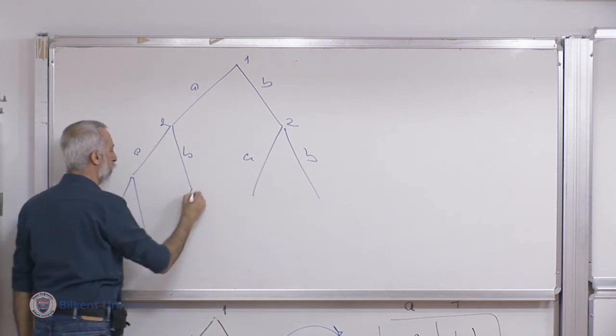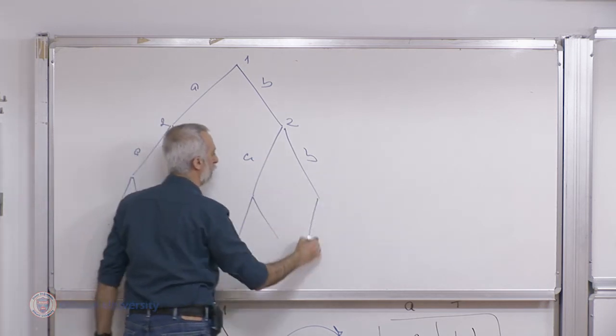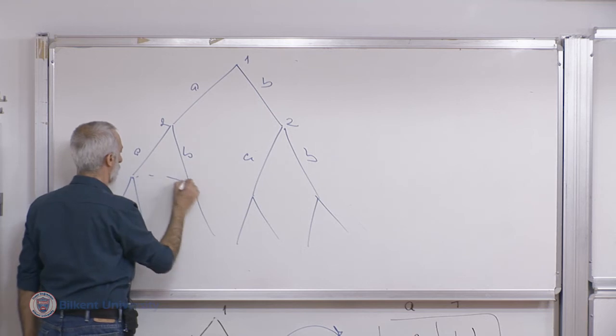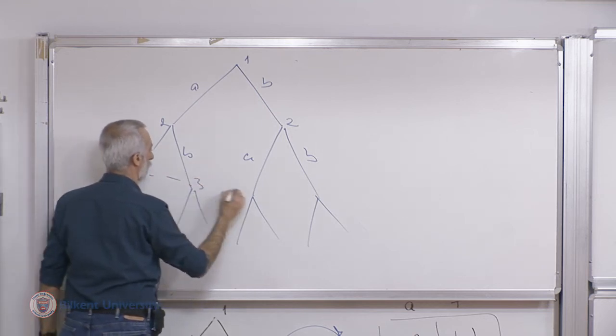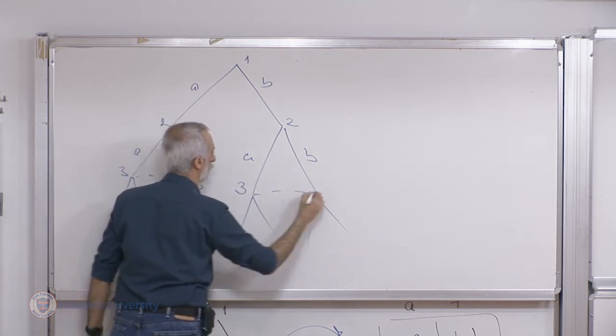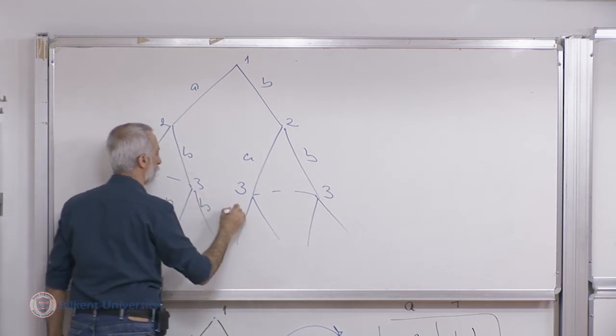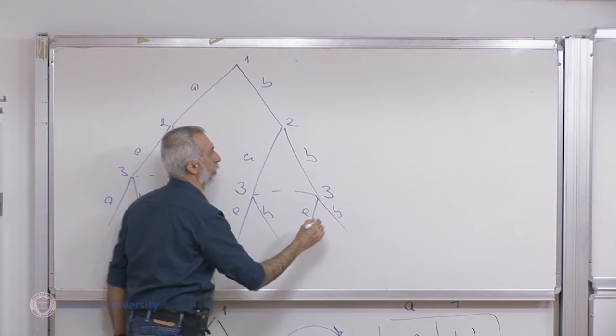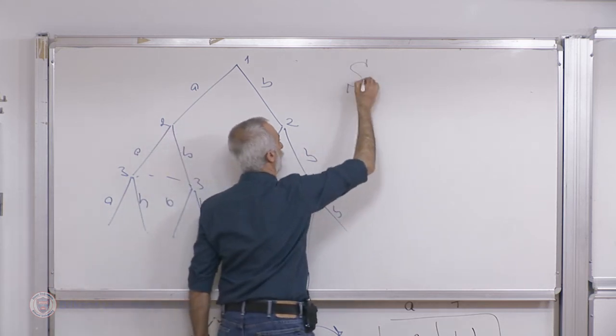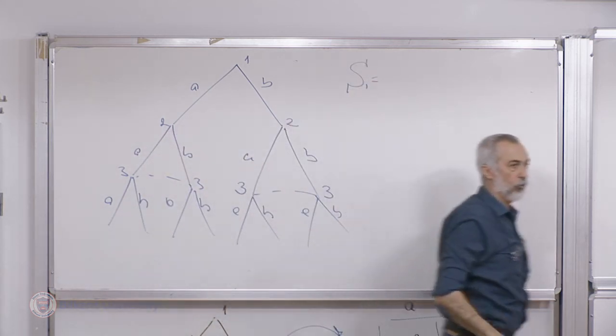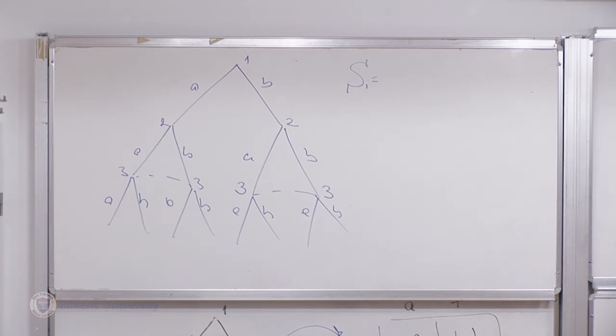And then I'll give a more precise definition of what a strategy is. So, what is the strategy set for player 1? What is the set of complete plans of action that agent 1 can make?